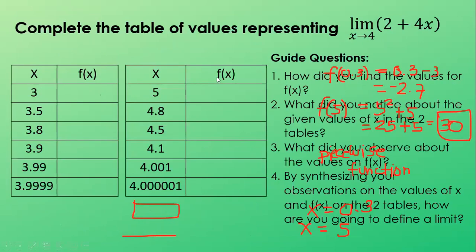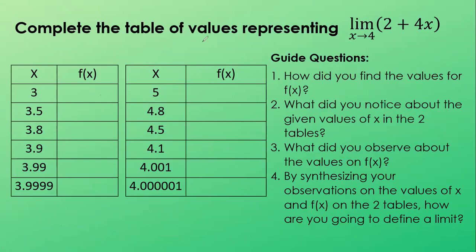So now let's dive into our lesson, which is the limit. Okay, so we will be completing the table of values below to find, this one in the square is read as the limit of 2 plus 4x as x approaches 4.